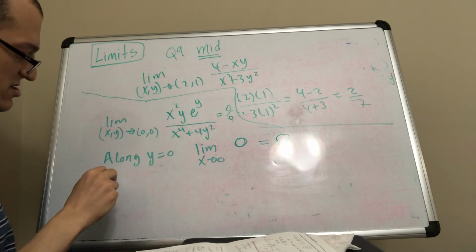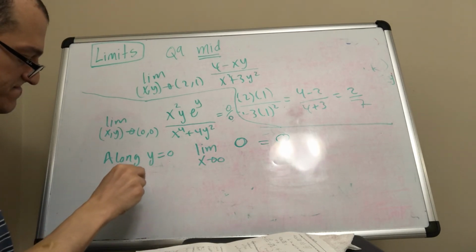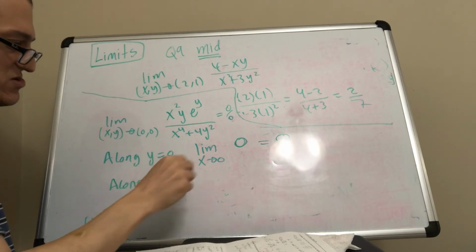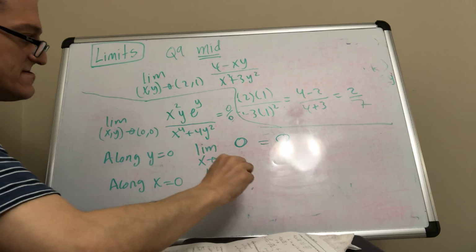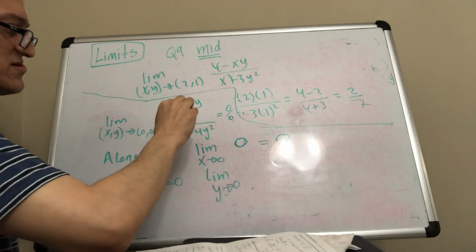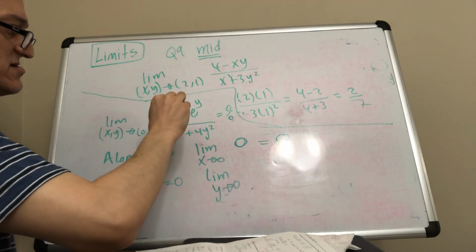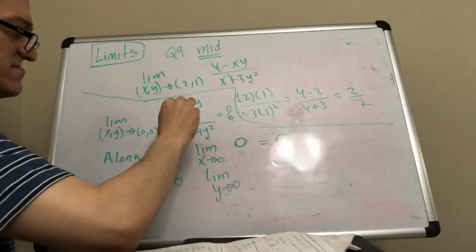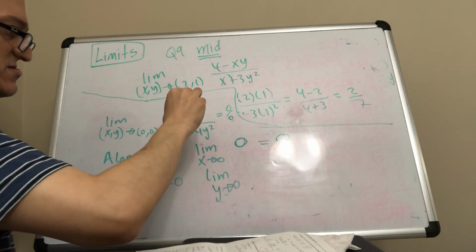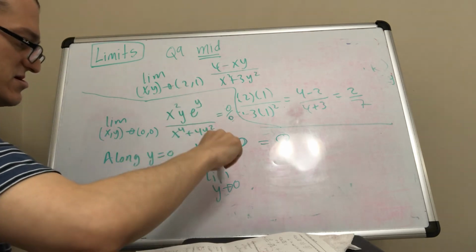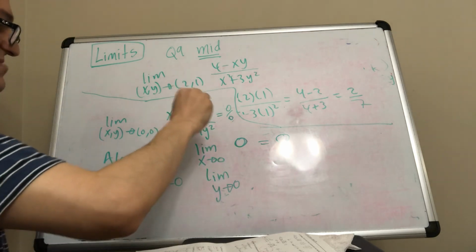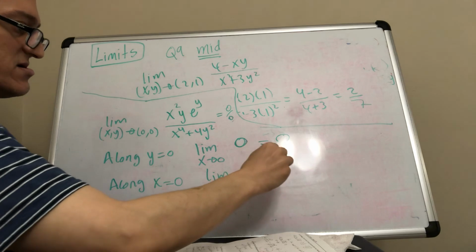If you do it along x equals 0, x equals 0 will make this 0.